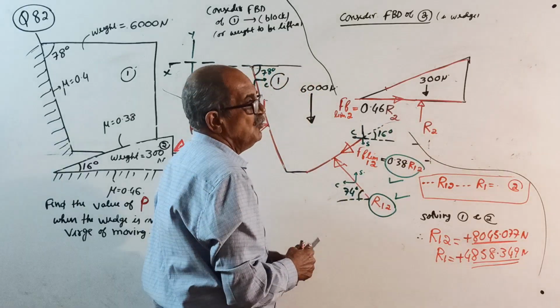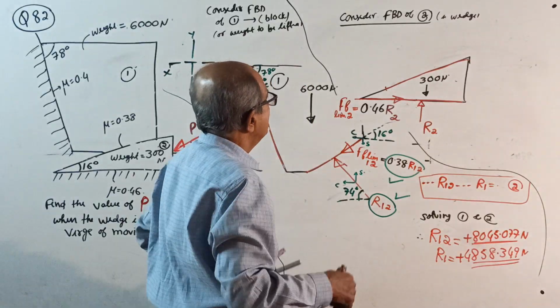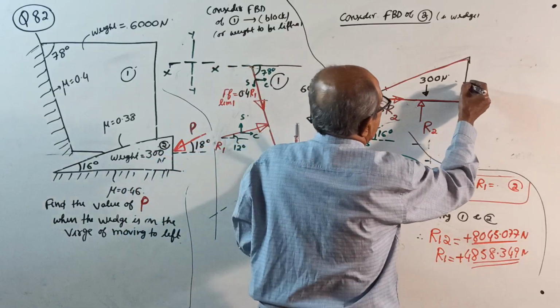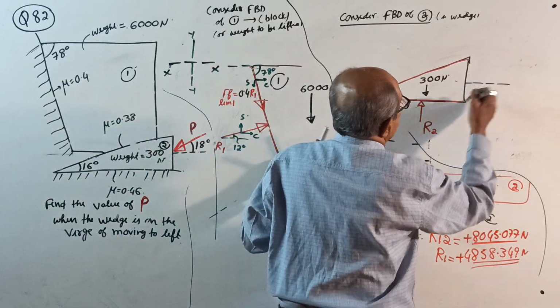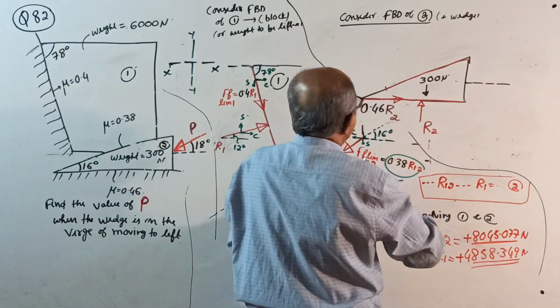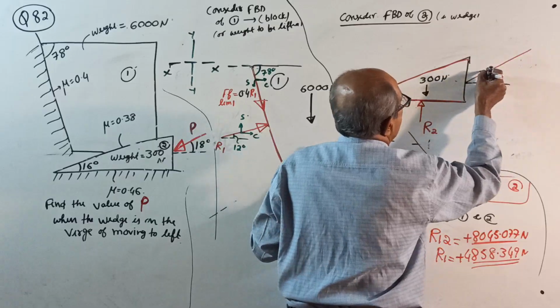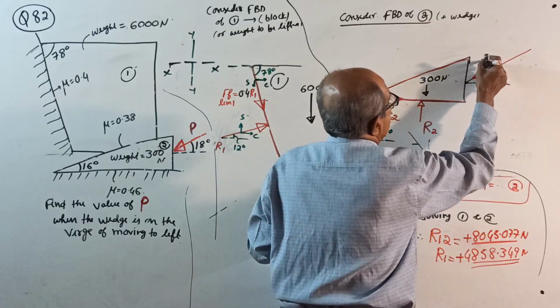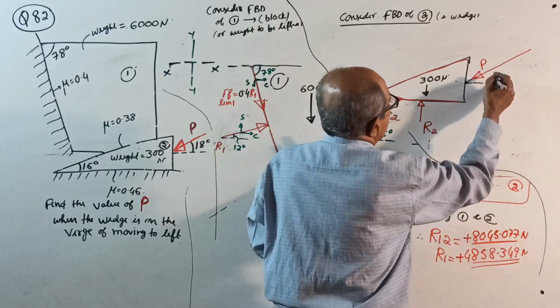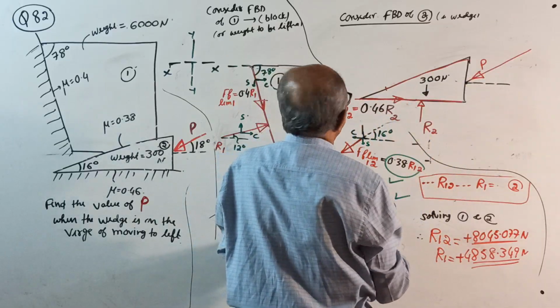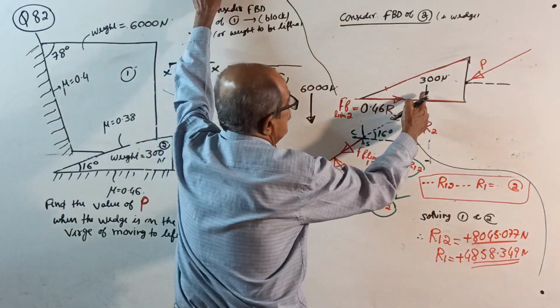Line of action, don't bother. Then here, at 18 degrees, unknown force P. It makes the angle with the horizontal; later I put here the unknown force P. Then the weight of the wedge, over.